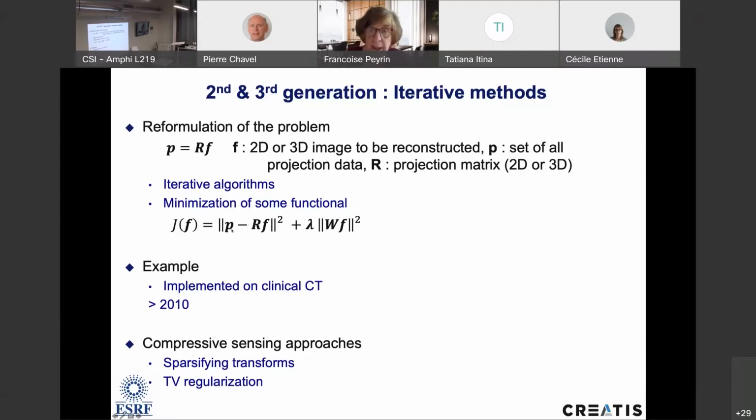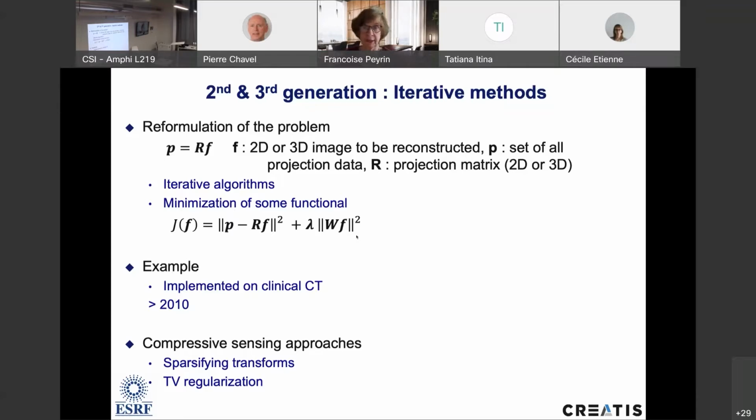In the first iterative methods, you just want to fit the data, and this is used in very popular algorithms like ART, SIRT, and others. Later on it was possible to introduce a second term in the functional that you want to minimize, which allows you to put some constraint on your image and improve the reconstruction.